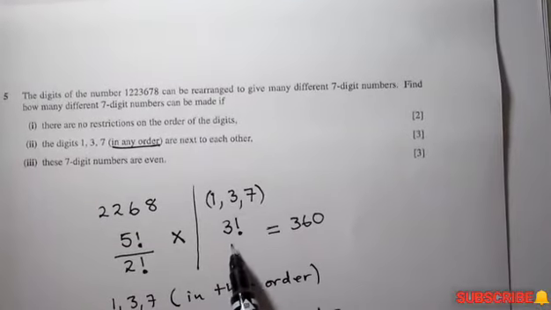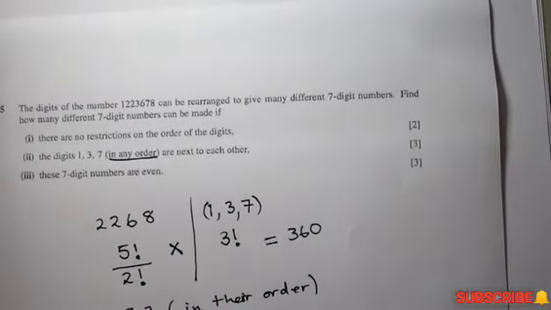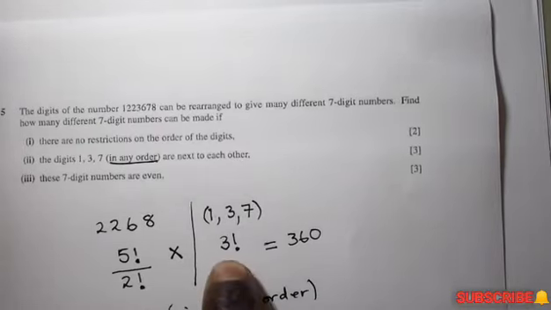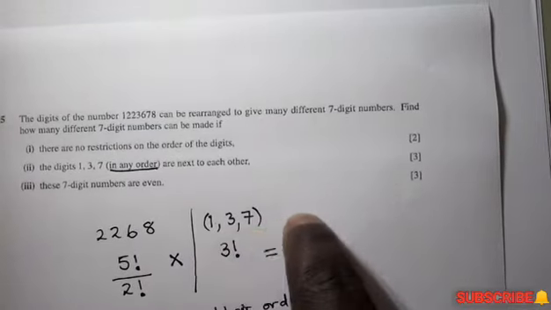Here we wrote 3 factorial. Why? Because in any order, the examiner is saying 137 can be written as 317, or it can be written as 713, or it can be written as 371, or it can be written as 317. So we have got 6 ways, which are 3 factorial ways of shuffling 137.